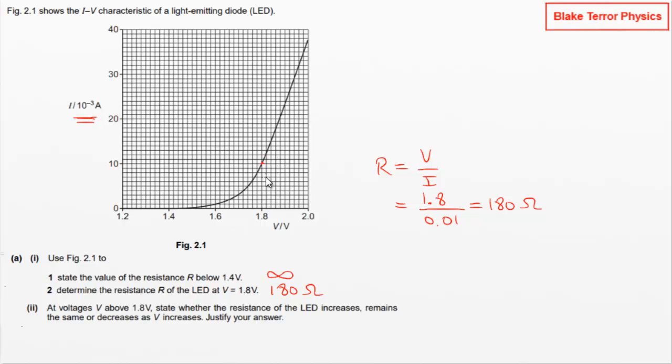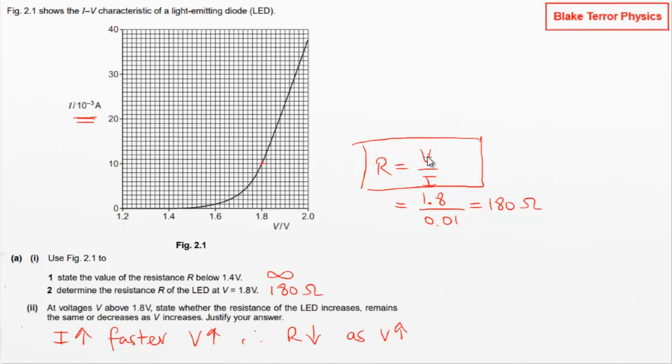We are seeing that I is increasing a lot quicker than the voltage. I increases faster than V increases. So therefore, R will decrease as V increases, because we're coming back to this relationship here. As V is going up, I is going up quicker. So R is going to drop because it's all based on that relationship there.